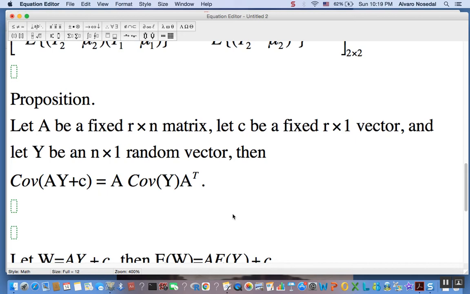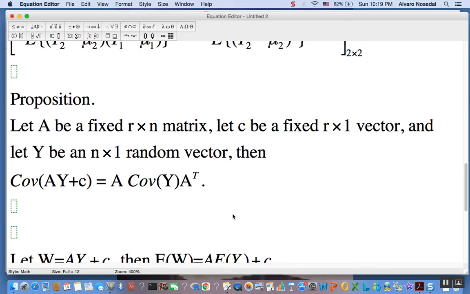So just like last time, remember that we talked about a proposition that we used to show that the expected value of beta hat equals beta, meaning that beta hat was an unbiased estimator of beta. Well, now we're going to need a similar proposition, but about the covariance, so we can derive the covariances that we are interested in.